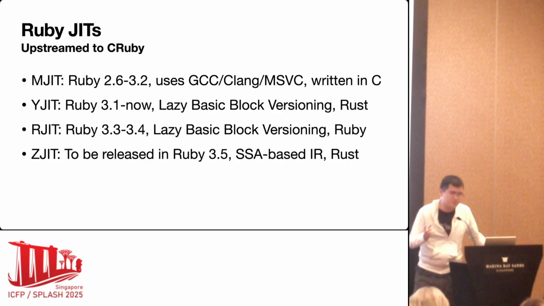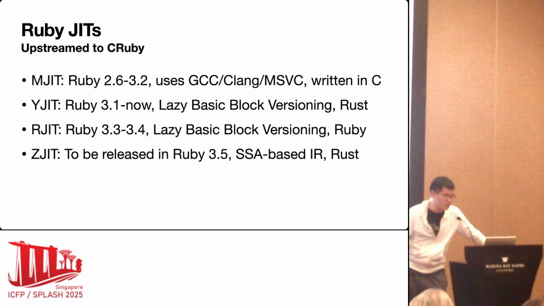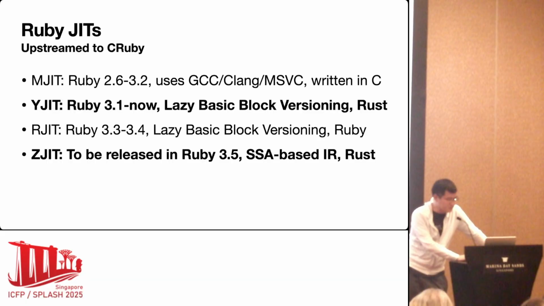That was a different approach compared to MJIT. MJIT relies on the C compiler, but YJIT doesn't. It has its own assembler and converts the bytecode into its own lower-level IR that abstracts the backend. It was originally written in C and then rewritten in Rust.